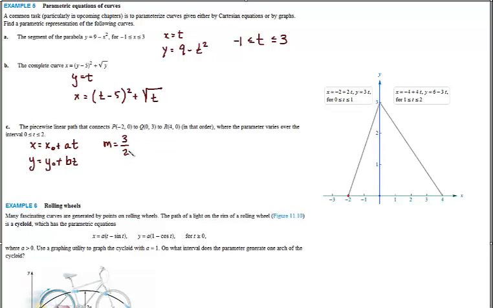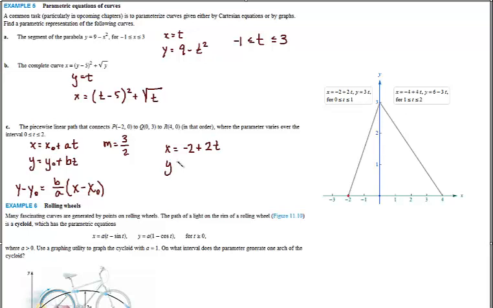And if we remember back to our equation, we had y minus y naught equals b over a times (x minus x naught). So let's now write this as x equals, and our x naught is -2 plus our x part of the slope is 2t.